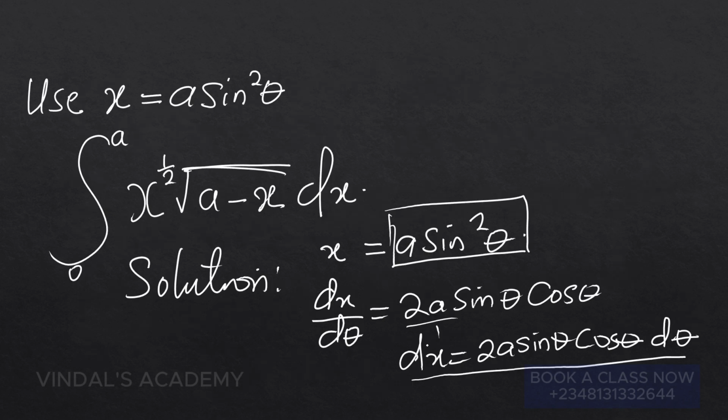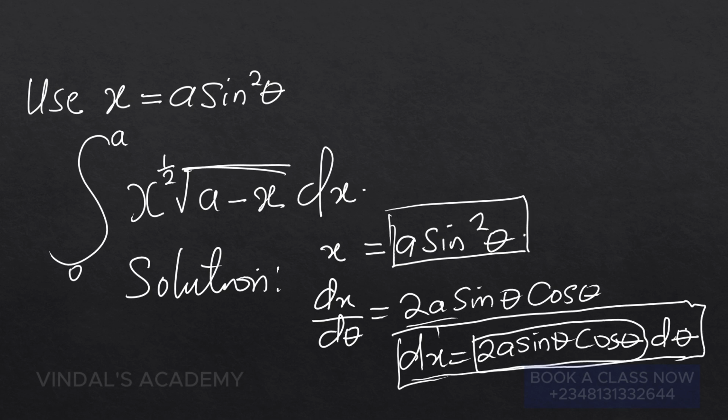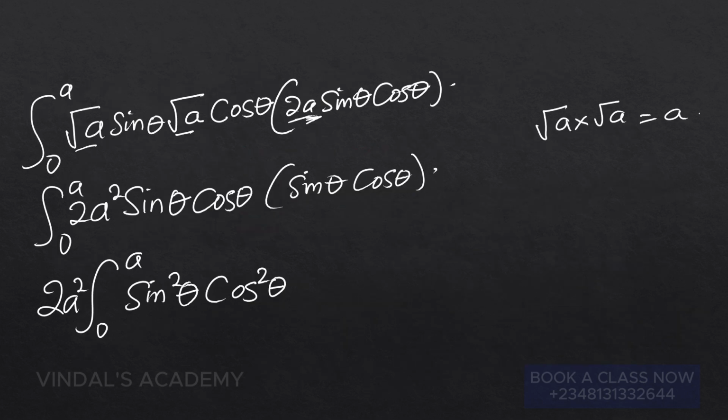Remember, if you followed, when I did this, look at it here. So the mistake was I was only writing this one without the d theta. So you're supposed to be going with the d theta. So this place should be d theta. There is no way you have an integral without having what you are going to integrate with respect to.